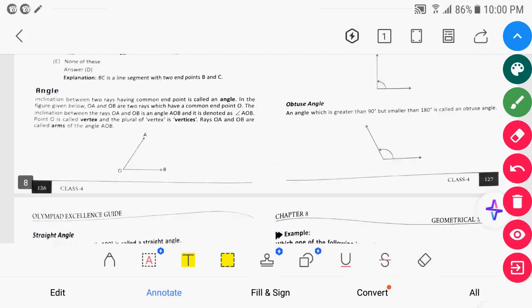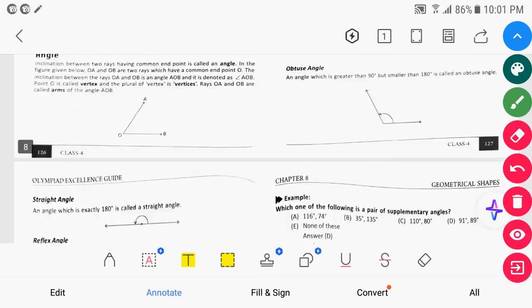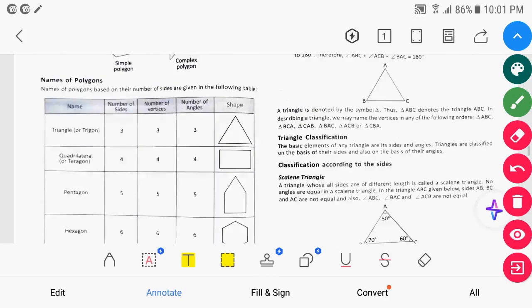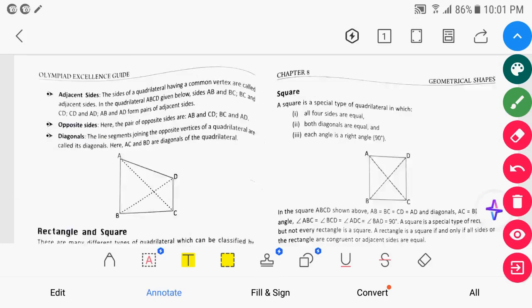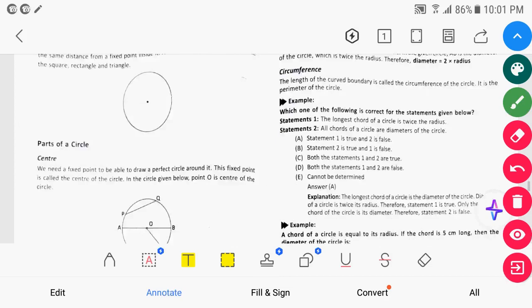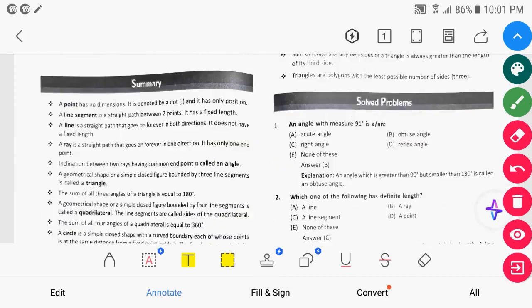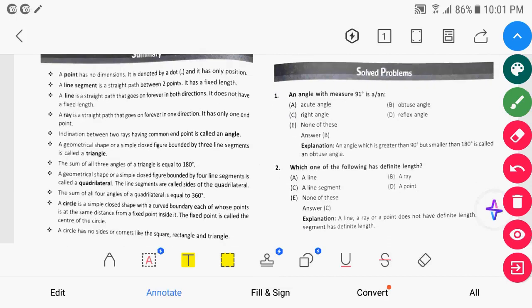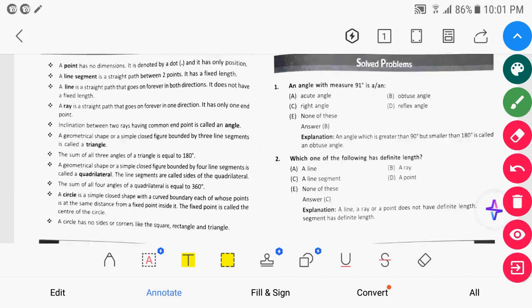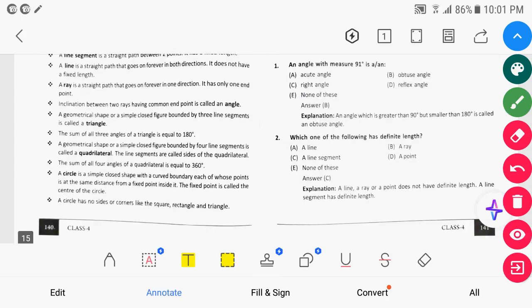Everything we have to take, but we'll take it slowly. So we'll stop here or we'll move to the practice examples. If there are some examples related to the topic we learned today, then we'll do that. But it is based on angle.